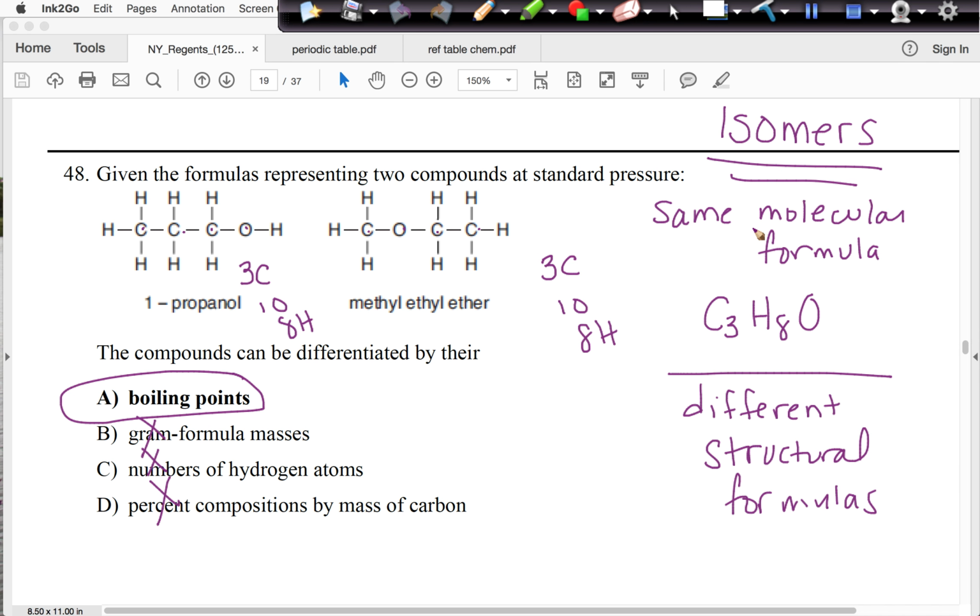But because of their different structures, their boiling points are going to be different. Here, we have the oxygen connected to a C, or actually connected to two C's. Here, we have the oxygen connected to an H. So where this molecule has only dispersion forces, this molecule has dispersion forces and hydrogen bonding.